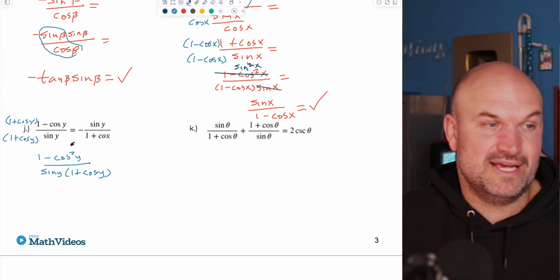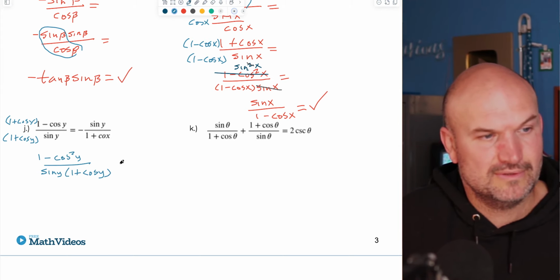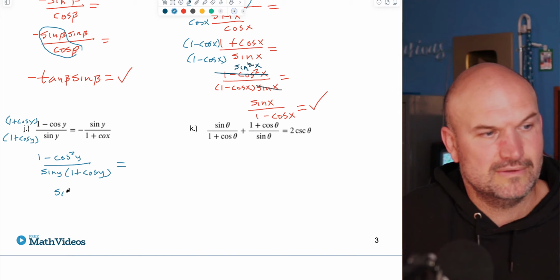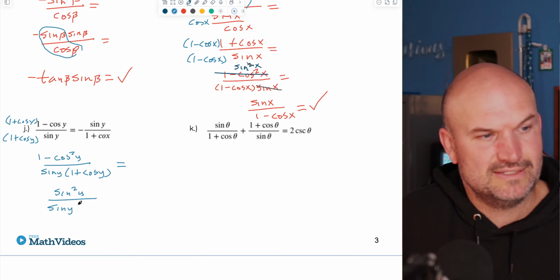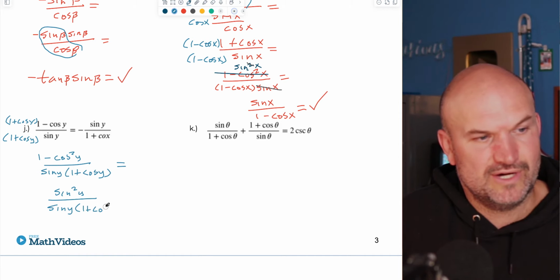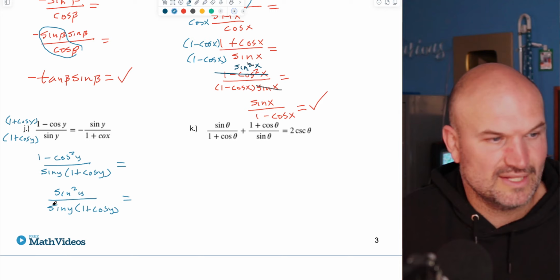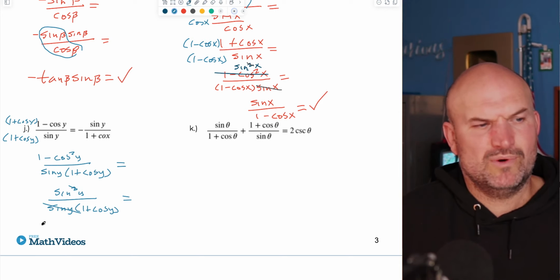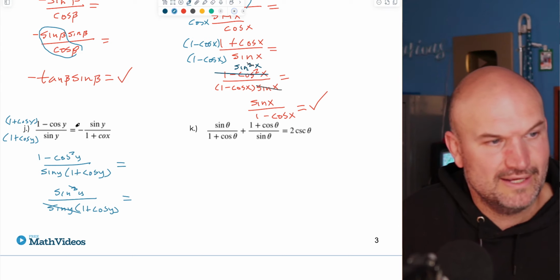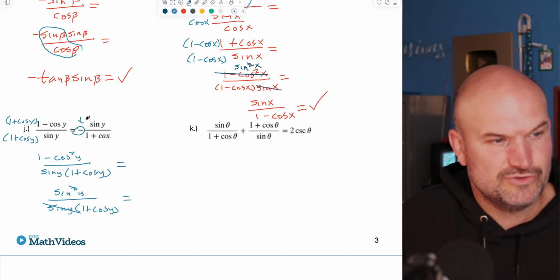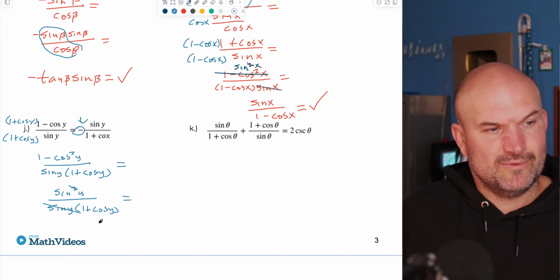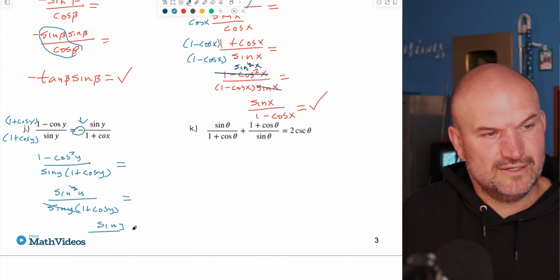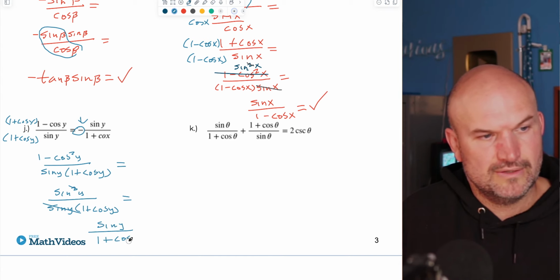And that becomes a sine squared of y all over a sine of y times a 1 plus a cosine of y. And again, those are going to divide out. So you're left with a sine of y over 1 plus cosine of y. I'm probably going to change this one out. So therefore, my final answer is a sine of y all over a 1 plus cosine of y.